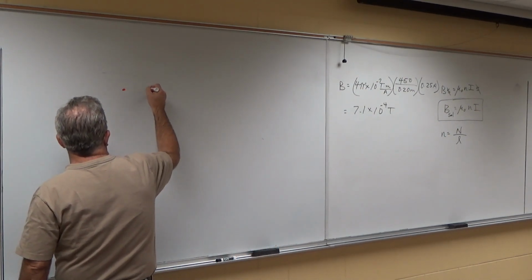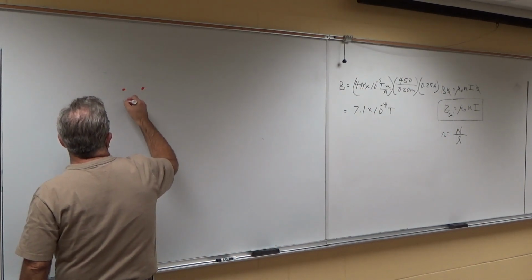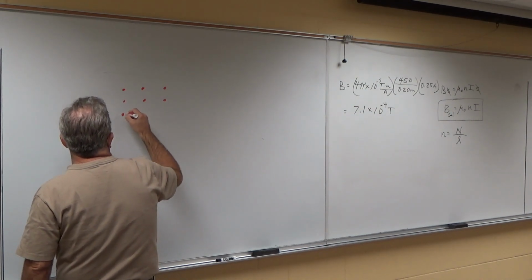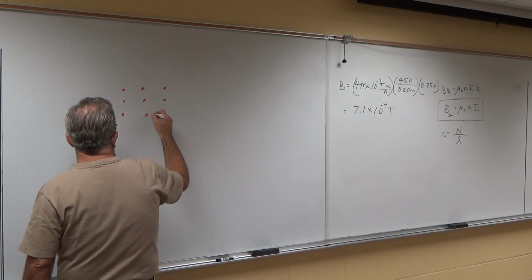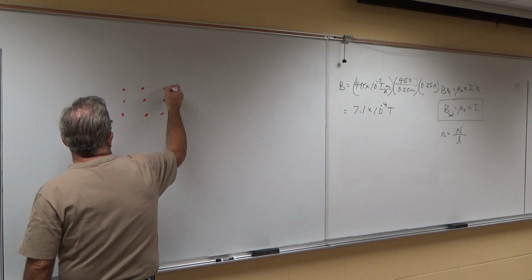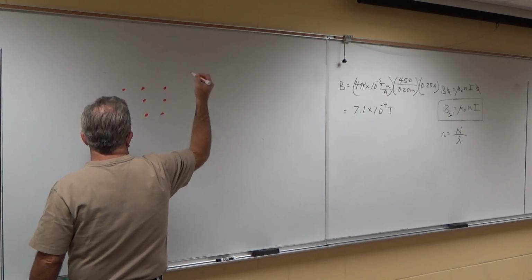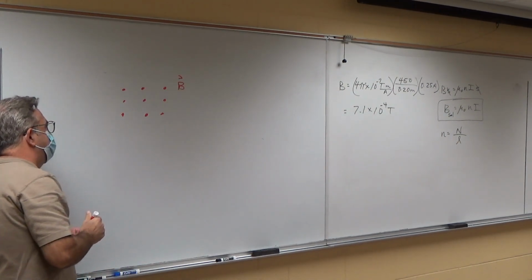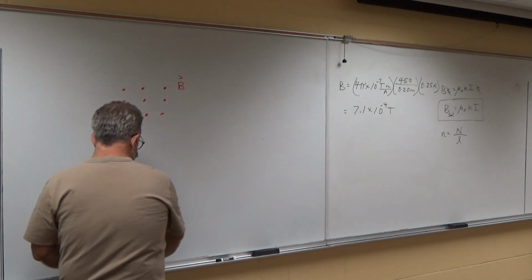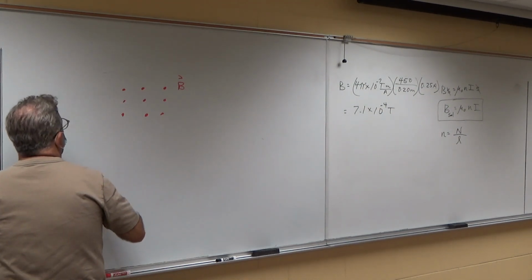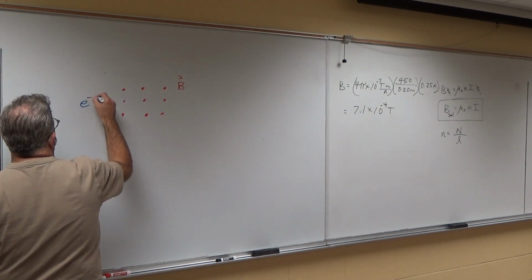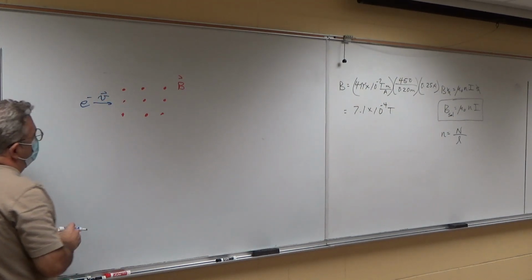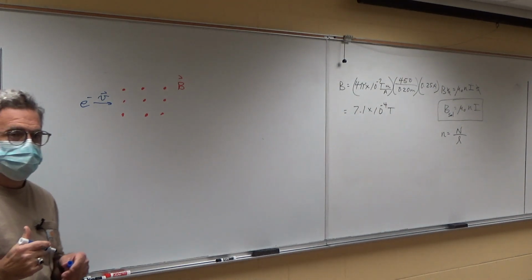It's coming out of the board. So the little dots, I could draw a circle, but I'm just going to make them dots. Here's B. All right. Here comes an electron, e negative, at velocity V moving into that field.